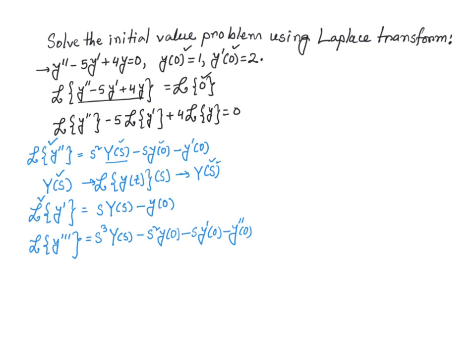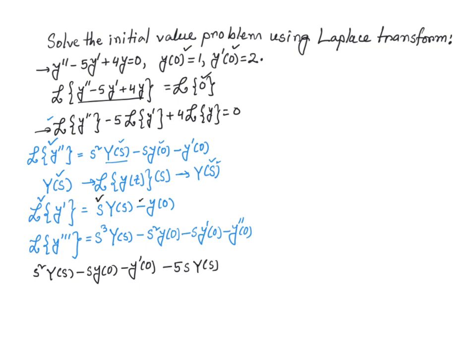Now, I'm going to go back here, okay? And I'm going to get these values. So from the first one, I'm going to get s squared times y of s minus s times y of 0 minus y prime of 0. That's what it is. Then next one is going to be negative 5 times s times y of s minus y of 0.